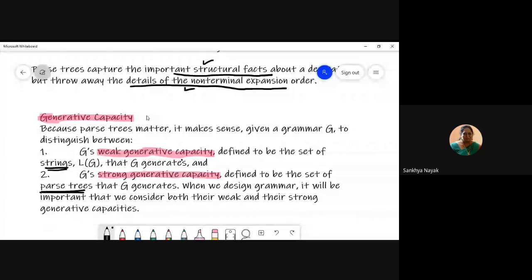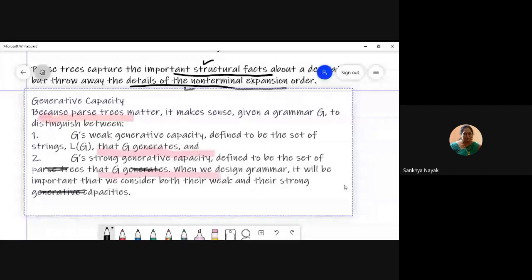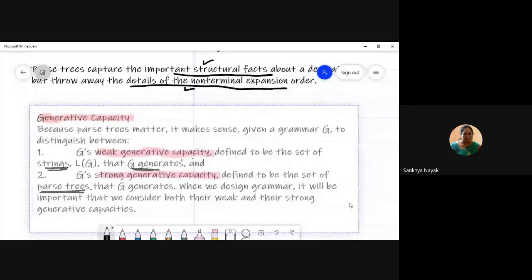Again, I'll repeat. Weak generative capacity is how many strings can be generated by the grammar, and strong generative capacity is how many parse trees can be generated by the grammar. This is required only for definition purposes. Okay, I hope this is clear.